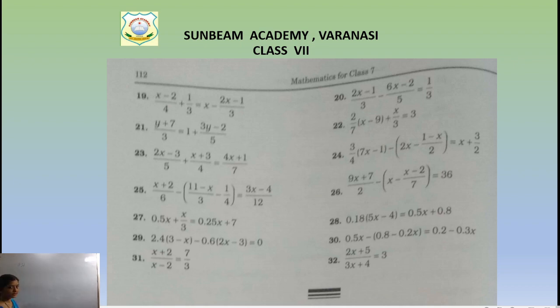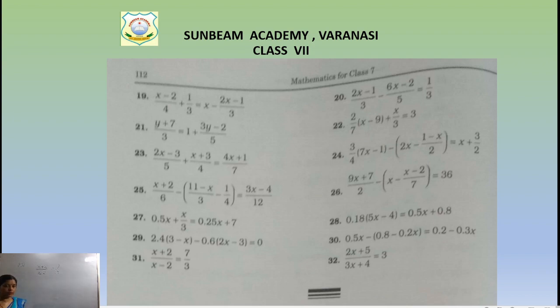Question number 31. It is x plus 2 divided by x minus 2 is equal to 7 by 3. Okay. Now, how can we solve such type of question, children?